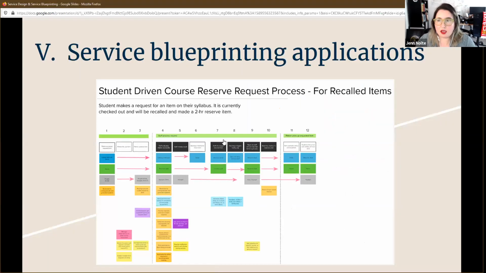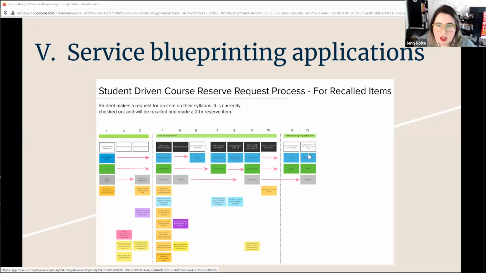So this is a screenshot of a service blueprint that I did for the student-driven course reserve request process that was rolled out at the beginning of the fall 2019 semester.